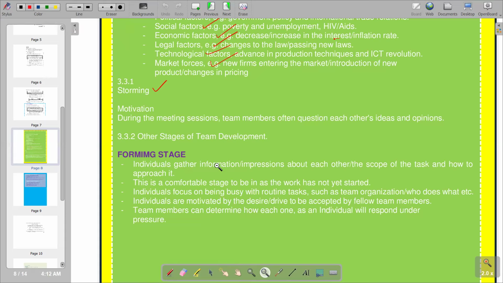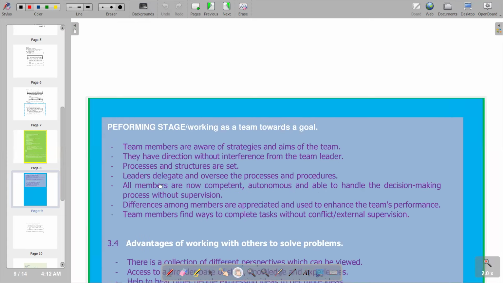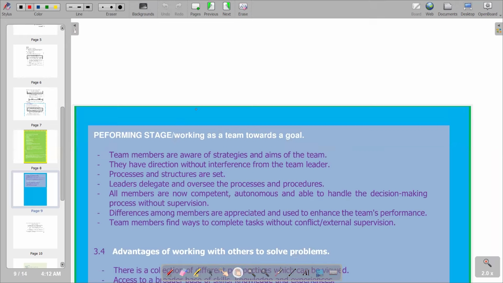And our question is asking us for two other stages of team development. So I would want to look at the next stage, which is the performing stage, which can also be explained as working as a team towards a goal. Under the performing stage, we'll see that it is characterized by high levels of commitment.